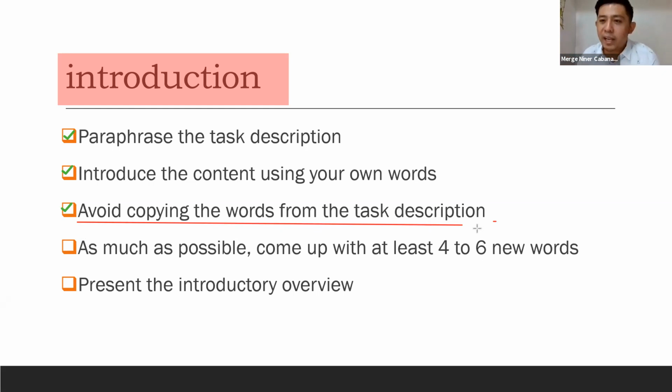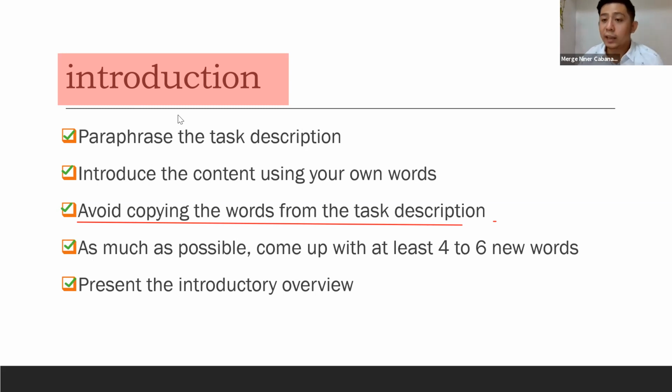You got the point? We underline the words from the task description because those are the words I have to avoid repeating. As much as possible, come up with at least 4 to 6 new words and then present the introductory overview.